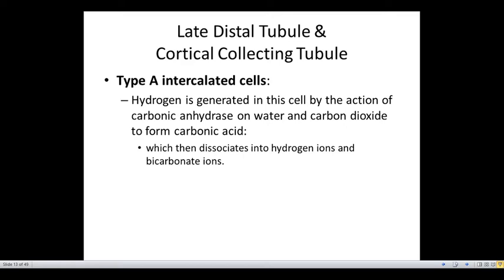Hydrogen is generated in these cells by the action of carbonic anhydrase on water and carbon dioxide to form carbonic acid, which then dissociates into hydrogen ions and bicarbonate ions.